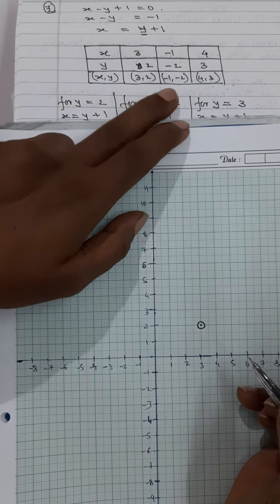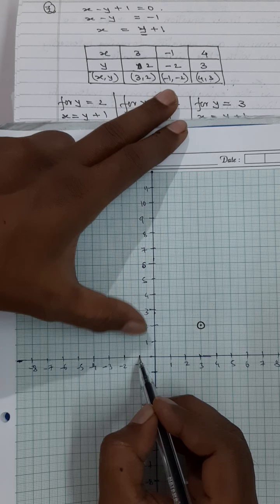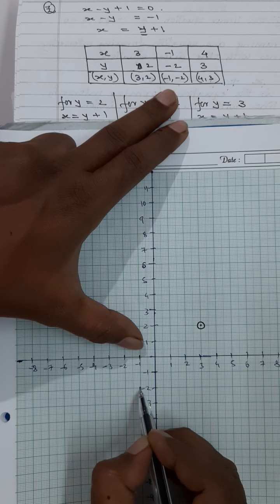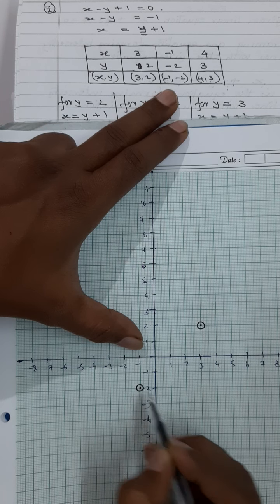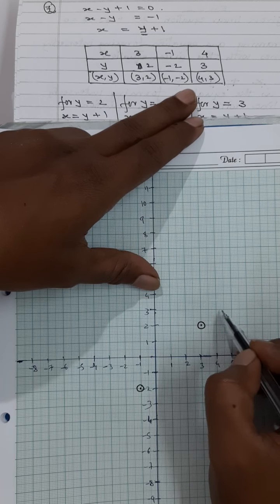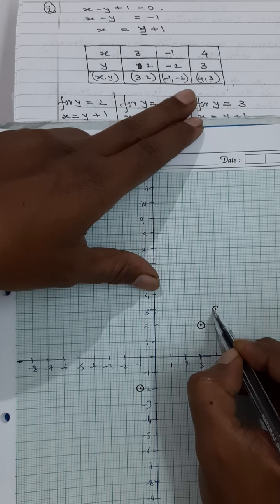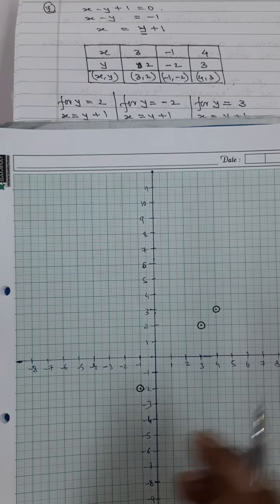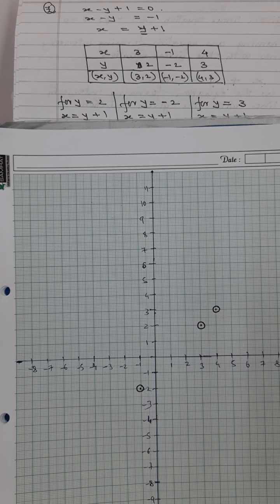This is minus 1 comma minus 2, which will go down over here. And 4 comma 3. Definitely they are in a straight line. So what I get is this.